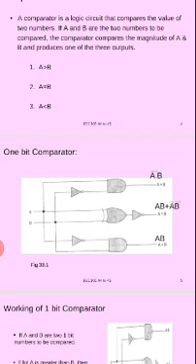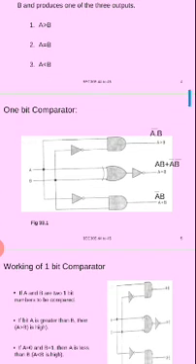For the first AND gate, the input given is A and B bar.